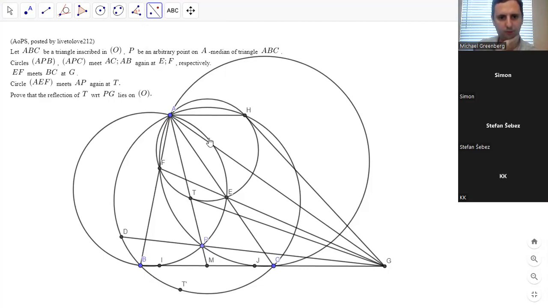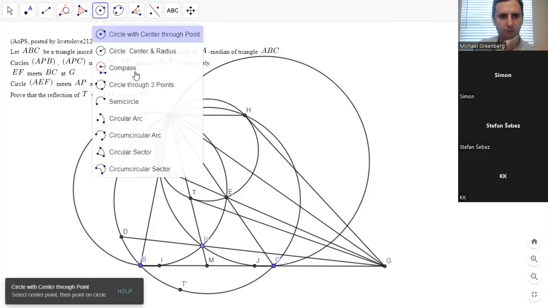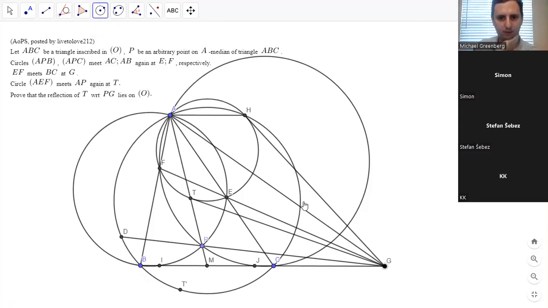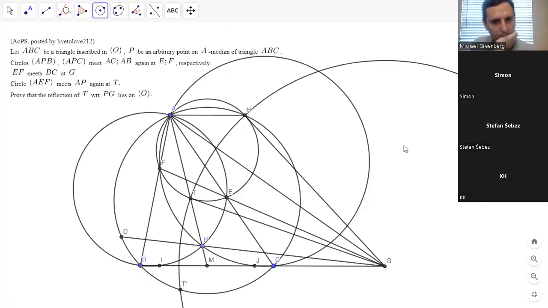So we want to show G, like if that were true, G would be the circumcenter of this. So what we could do is draw that circle with center at G, and let it intersect at this point, and then we want to show that these are reflections over GP.